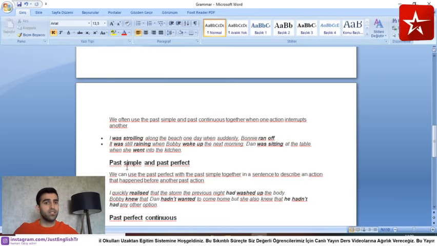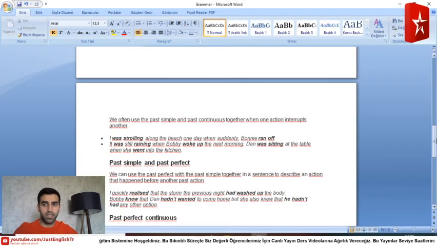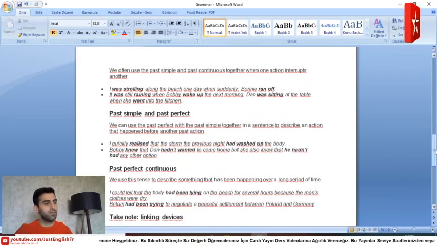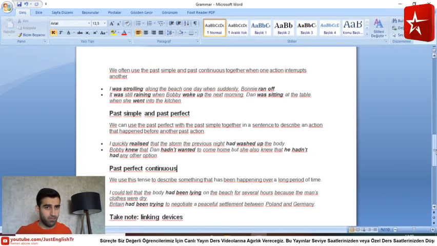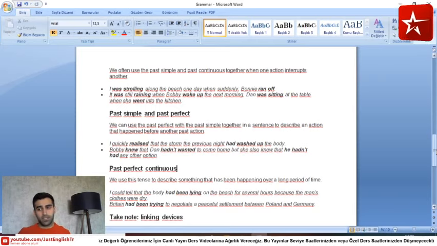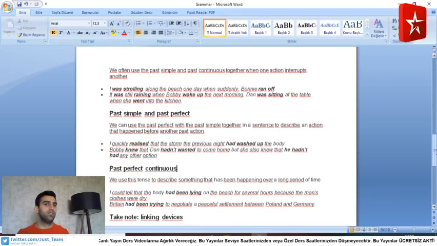The next one is about the past perfect, past simple and past perfect. I think it can be complicated for the students. I'm gonna make it much clearer for you to understand easily. Let's talk about past perfect. So the past perfect is another tense of narrative tenses, another form of narrative tense.